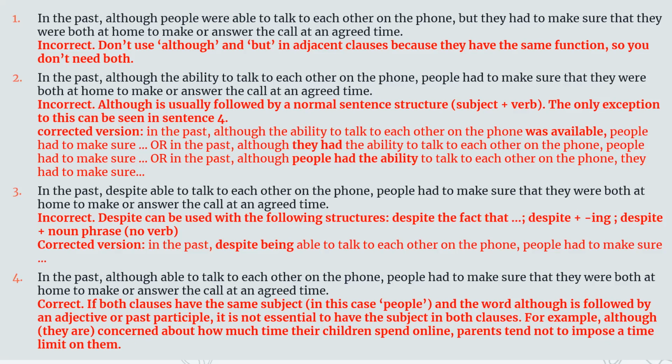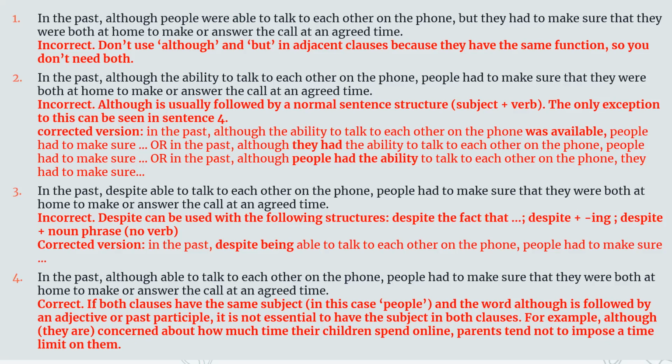So the corrected versions could be, in the past, although the ability to talk to each other on the phone was available, people had to make sure, or in the past, although people had the ability. Either one is fine. I could say in the past, although the ability to talk to each other on the phone was available, or in the past, although they had the ability, the subject, then the verb, or I could replace they with people. People had the ability.